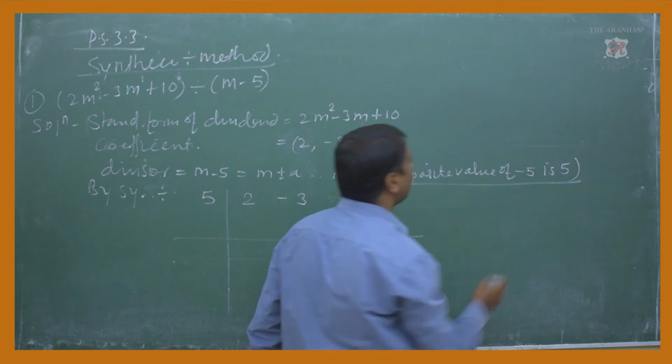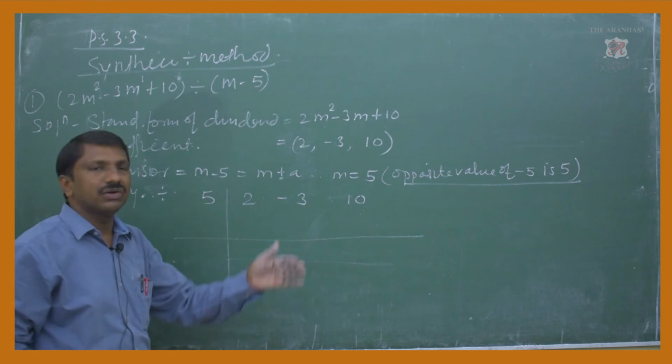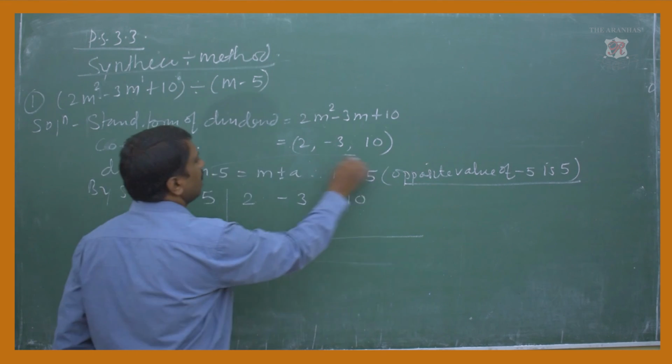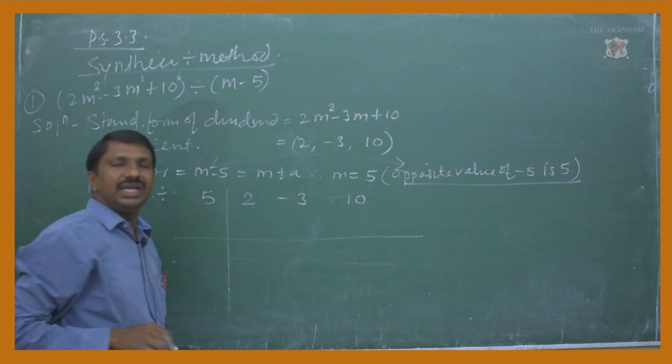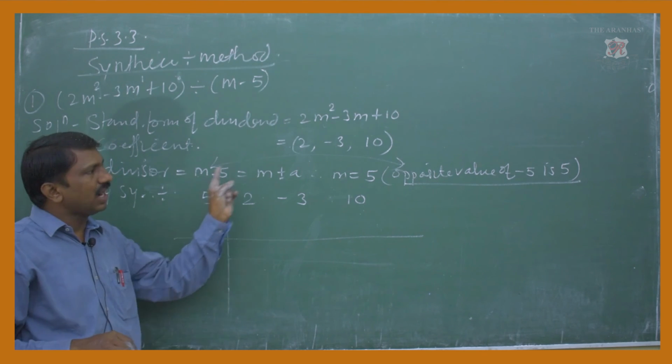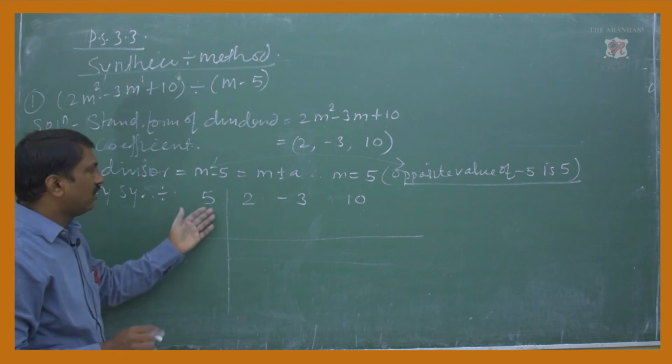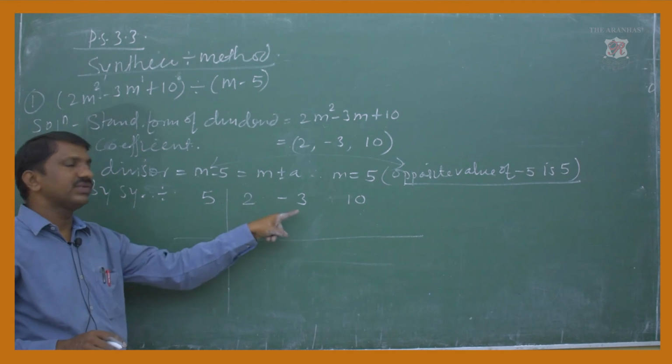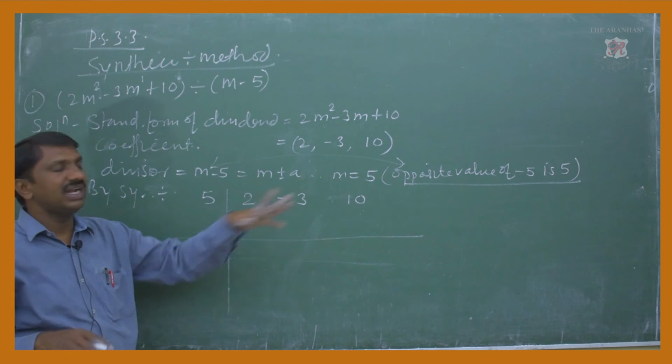I mentioned it in that bracket so you will not be confused. Whenever the divisor is given, write the opposite value of its numerical value. Now, the divisor is 5, and the coefficients are 2, minus 3, and 10.